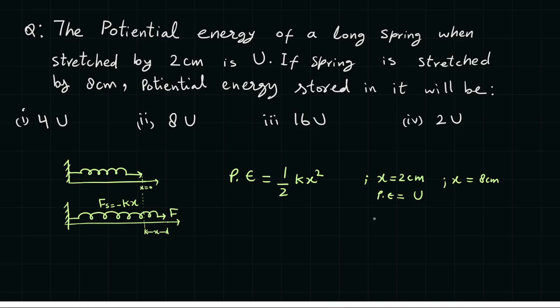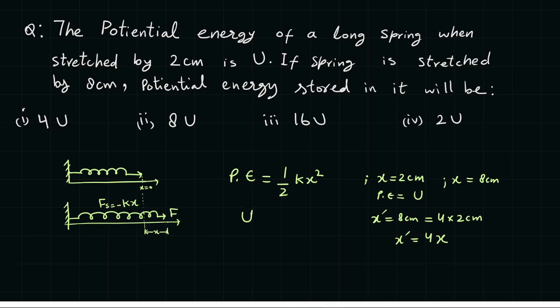Let's call this new displacement x dash, that is 8 centimeters, or we can write it as 4 into 2 centimeters. We will solve this problem in terms of x rather than in terms of numerical values, because the values are given in terms of centimeters and it will be hectic. So x dash will be 4 times 2 centimeters, that is 4 times x.